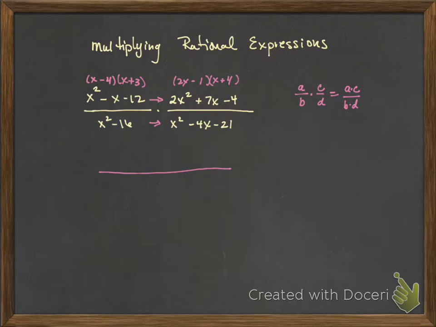You should always go back and check your factoring. I'm multiplying, so I really am just multiplying all 4 of these factors together. So that leaves x minus 4, x plus 3, 2x minus 1, x plus 4. All of those are my factors on the top.